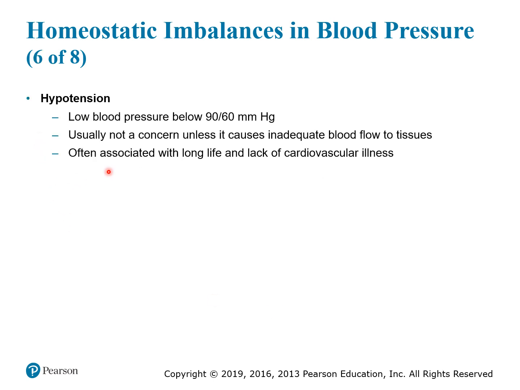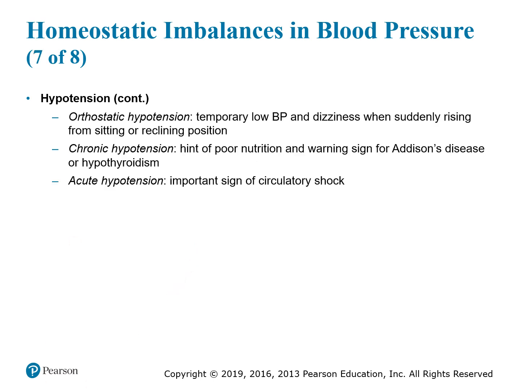Hypotension is when the blood pressure is below 90 over 60 millimeters of mercury. It is usually not a concern unless it causes inadequate blood flow to the tissues. Under the topic of hypotension, I want you to know this term, orthostatic hypotension. Orthostatic hypotension is temporary low blood pressure and dizziness when suddenly rising from a sitting or reclining position.